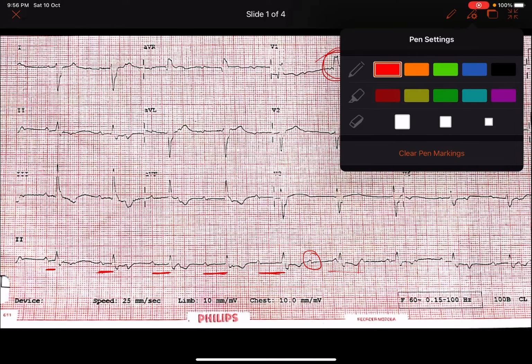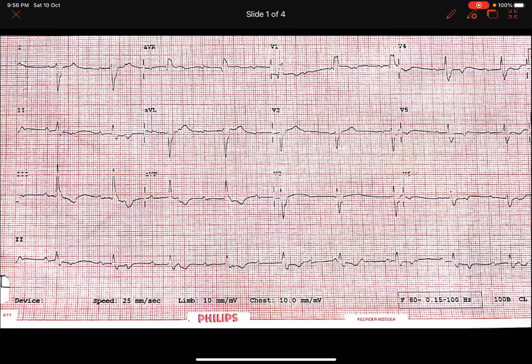Now I'll show you the P waves. See, this is a P wave, and this is definitely a P wave, but here a small bump, can you see? This is also a P wave. And this is a P wave, as you know, but what is this bump here? This is also a P wave. The next P wave has fallen here. This is the next P wave.